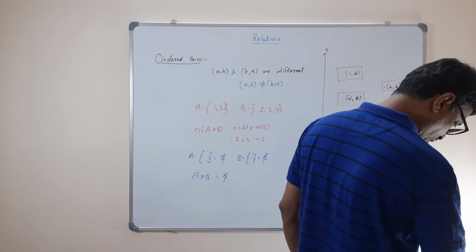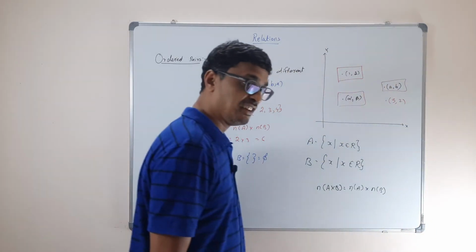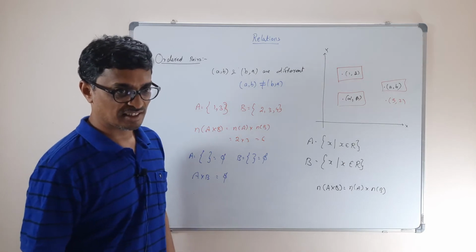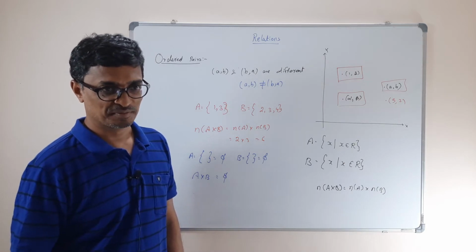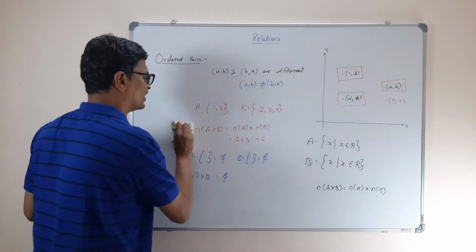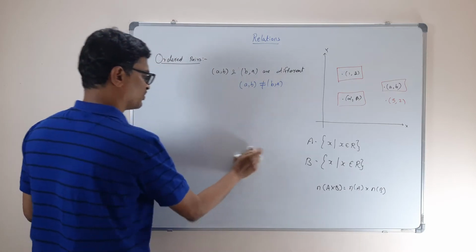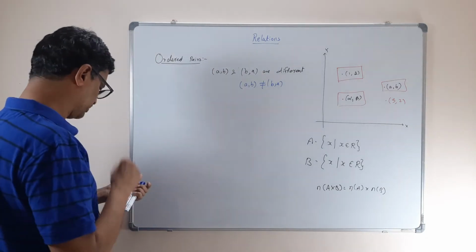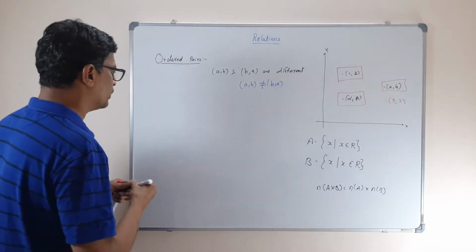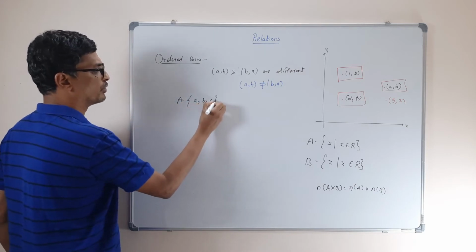Okay, fine. Now the other thing is the Cartesian product of a set with itself. Let us take A equal to {a, b, c}.